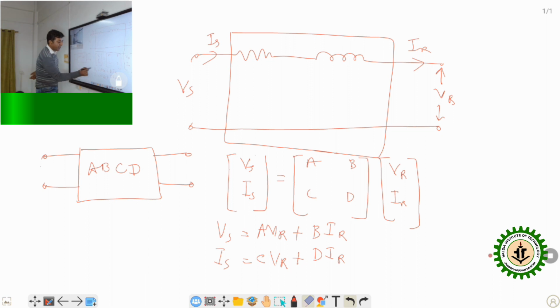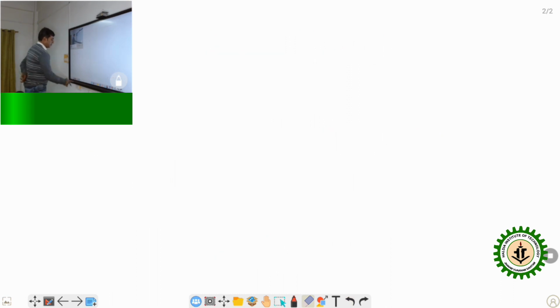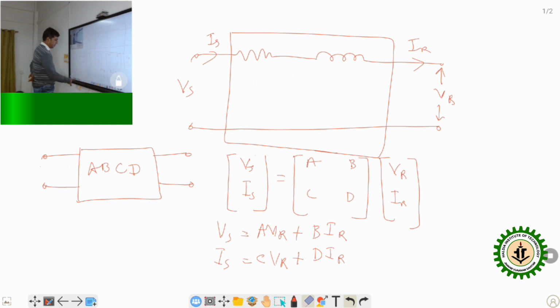Now we need to identify what the parameters A, B, C, D are. Why do we need to calculate them? Because from their conditions we can see whether the network is symmetrical or reciprocal.